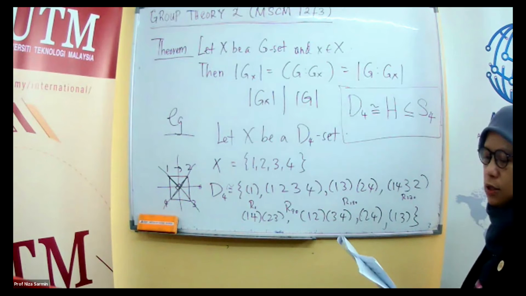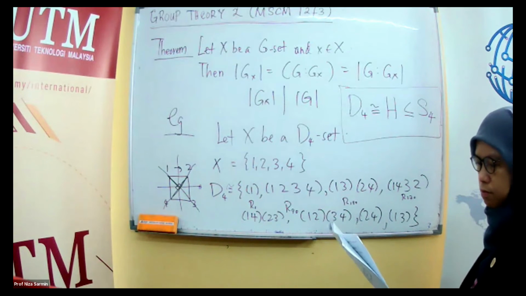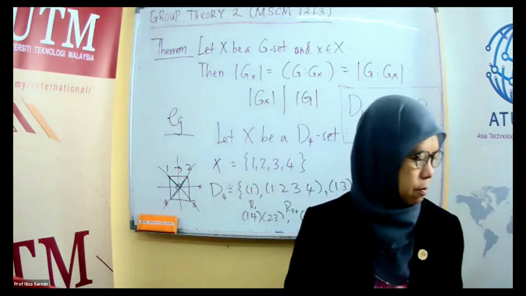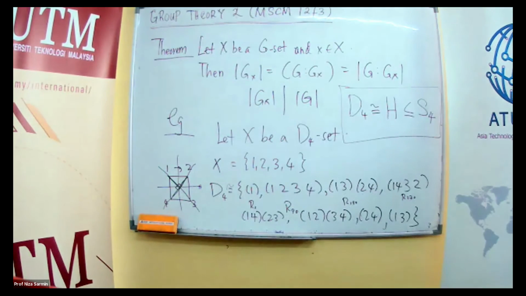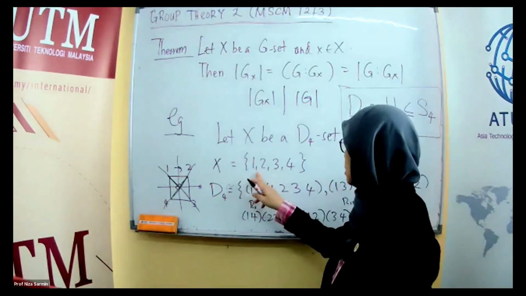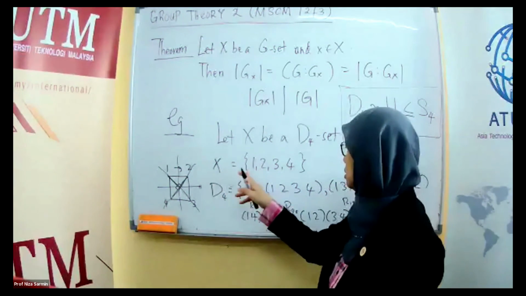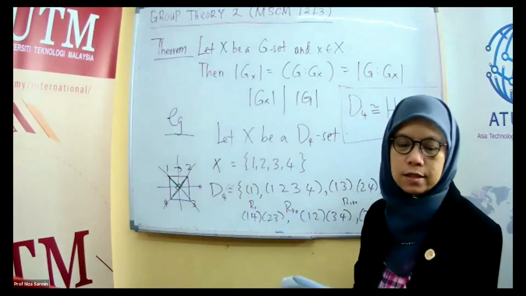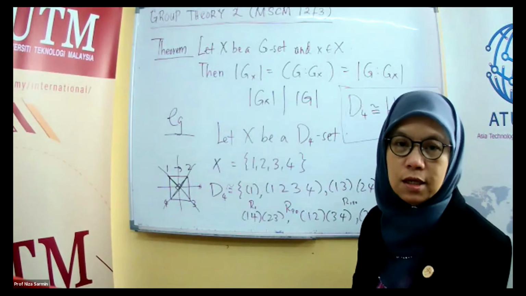Okay. So now I want to find all the isotropy subgroups. So this is X. There's a typo, yeah? X is 1, 2, 3, 4. Now I want you to list all Gx.